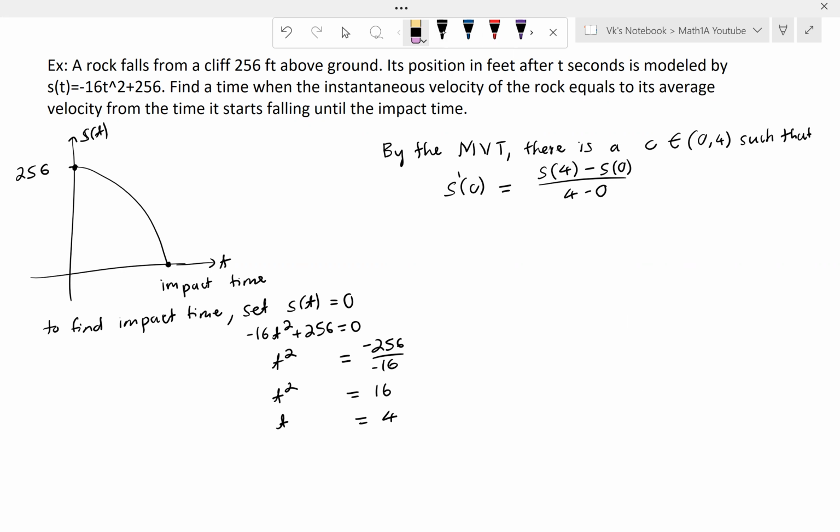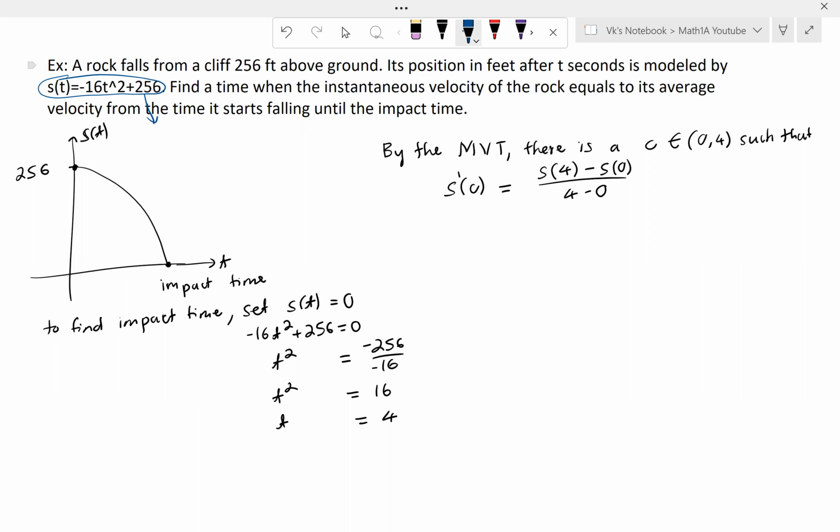By the mean value theorem, there is a c in the interval from 0 to 4 such that s prime c equals s(4) minus s(0) over 4 minus 0. We can figure out s prime c.